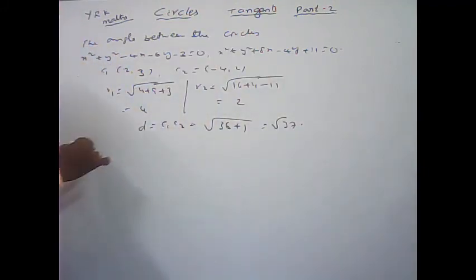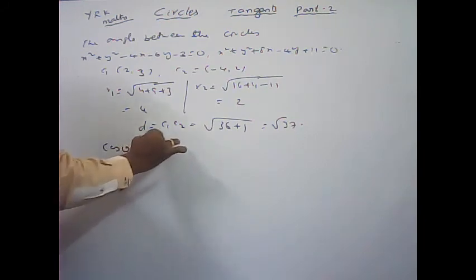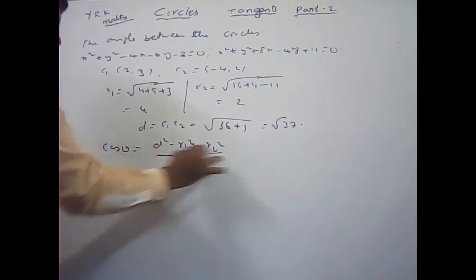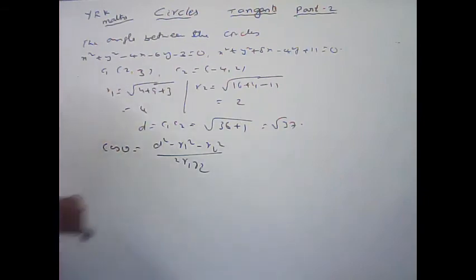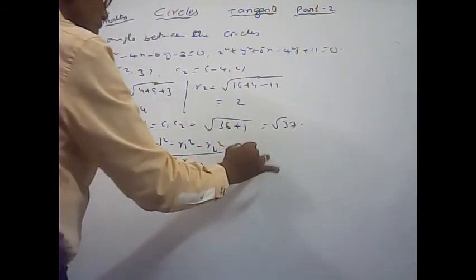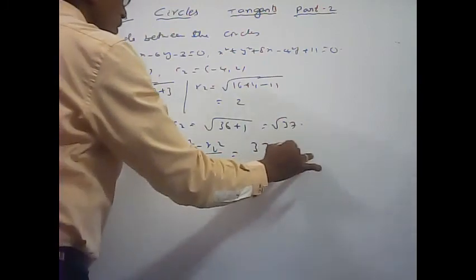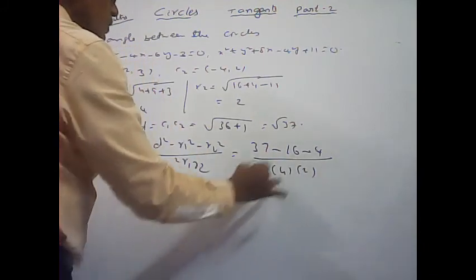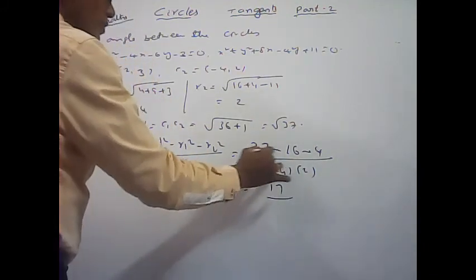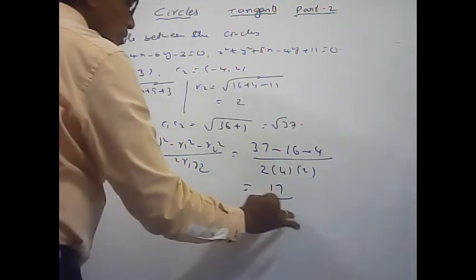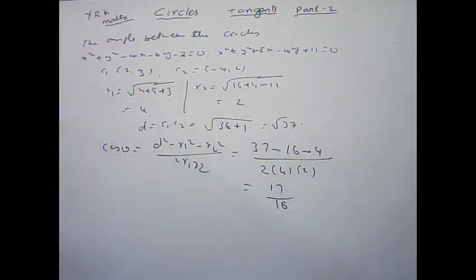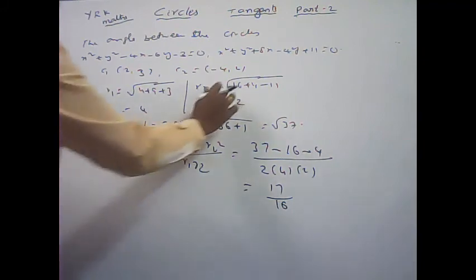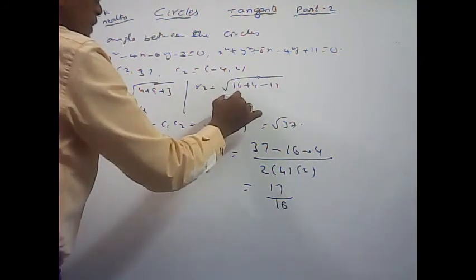Now cos theta is equal to (d square minus r1 square minus r2 square) by 2r1 r2. d square is 37, minus r1 square 16, minus r2 square. So here a small calculation problem: 20 minus 11, 9, that is 3 only.